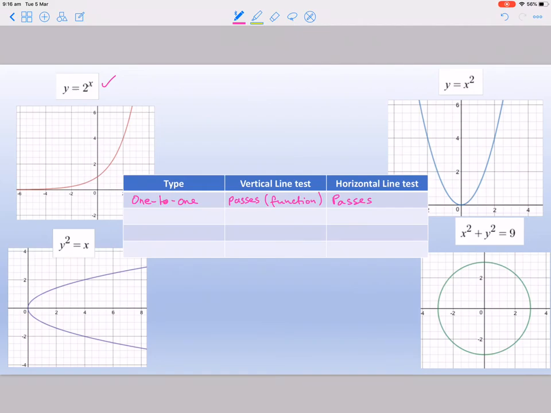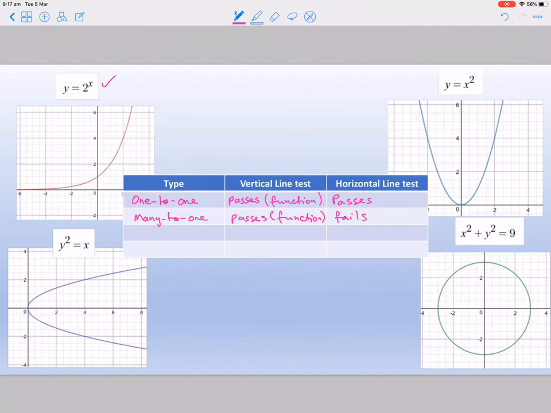The second one is many to 1. It passes the vertical line test, so it is a function, and it fails the horizontal line test. That makes it many to 1.